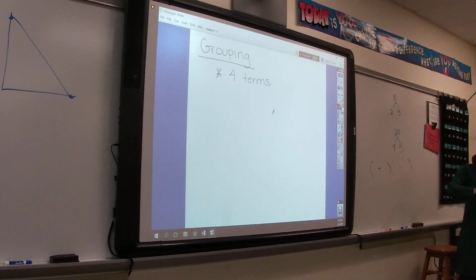Binomials, right? 2 terms, so we had 2 binomial factors. So now we want to say what happens if that looks a little bit different, towards anywhere in the problem, and how can we then do something with it?